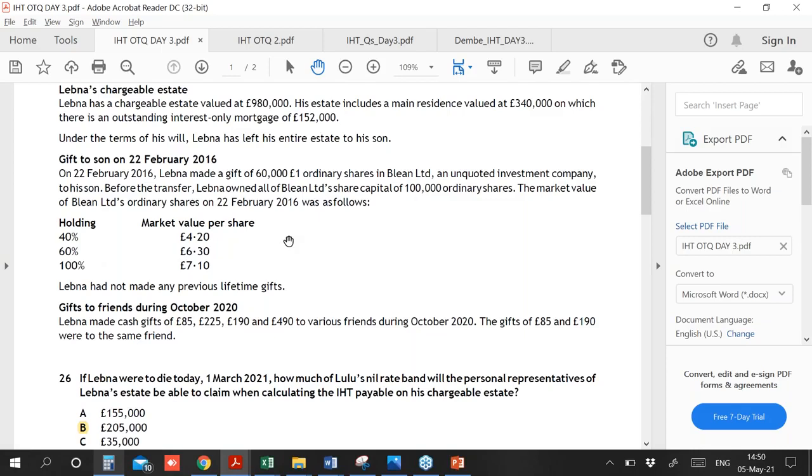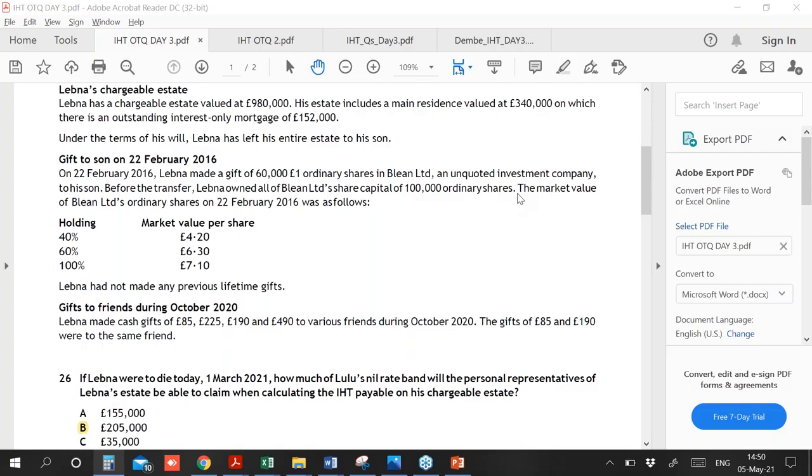You tell me, guys, if Lebna has made 60,000 shares as a gift to his son, what will be his wealth left after the transfer? Will she be the owner of 40% or 60% after making the transfer of 60,000 shares? Tell me the percentage. 40%. Thank you guys. So what I'll do is I'll calculate her wealth when she was on 100%.